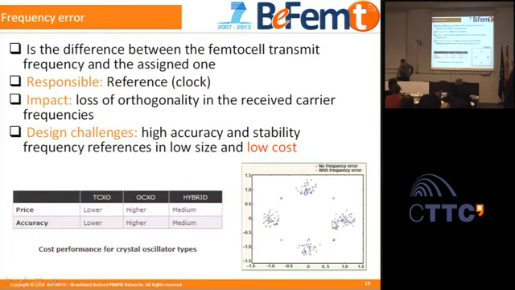If you want to transmit these symbols in red, and you have no frequency error, you transmit exactly these four points. But if you have frequency error, the constellation rotates, and you can see the effect. That provides an increase of the bit error ratio. So you have to take care with this requirement.